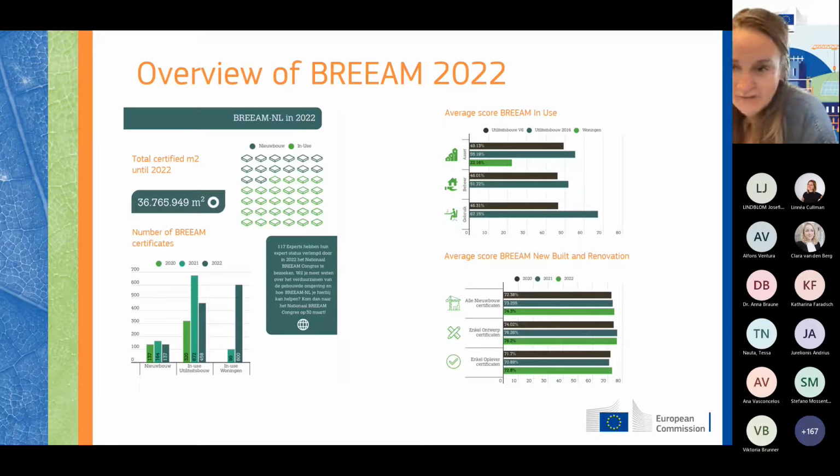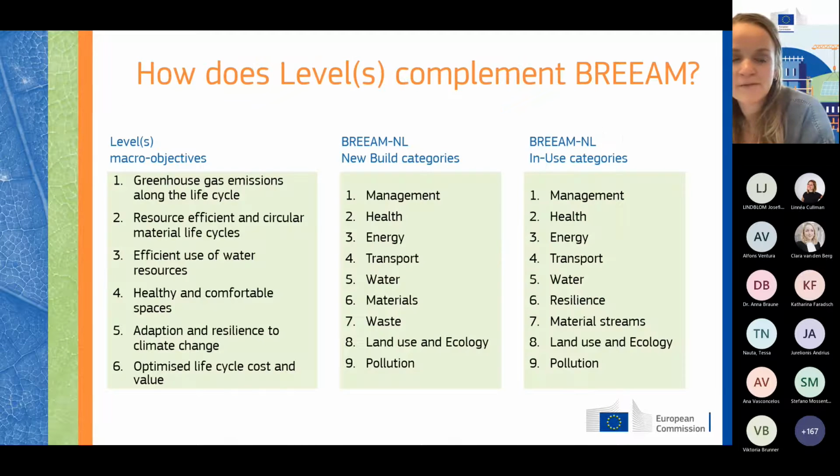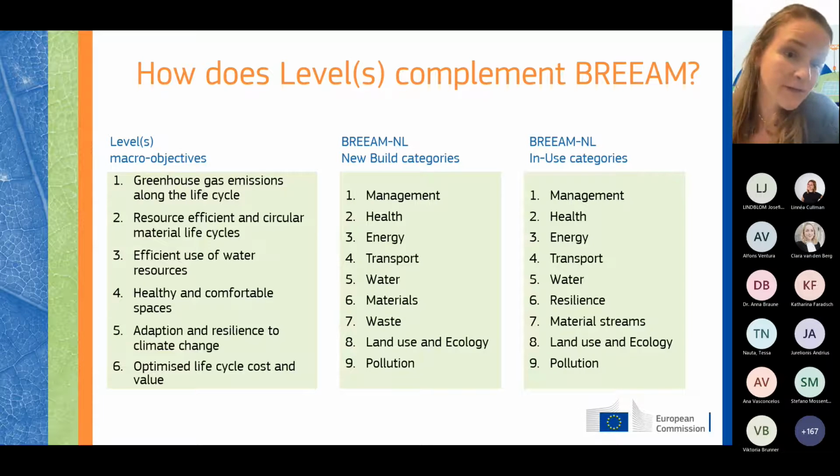But that's not what I wanted to talk to you about, because levels and BREEAM, if you go to the next slide, please, are very compliant with each other. I don't have all these errors that Anna had, but if you look at the mid and the right side, you see all the different objectives of BREEAM as well, and then you see that all the macro objectives of levels complement this.